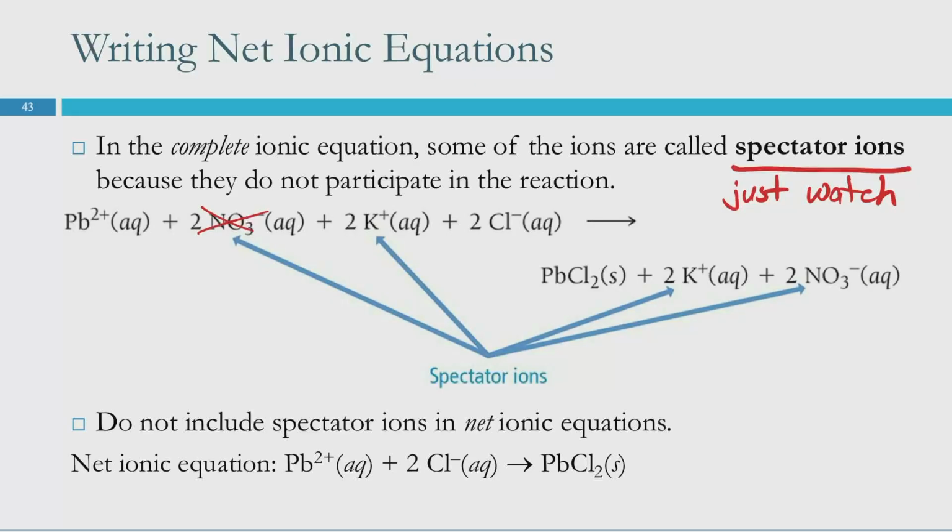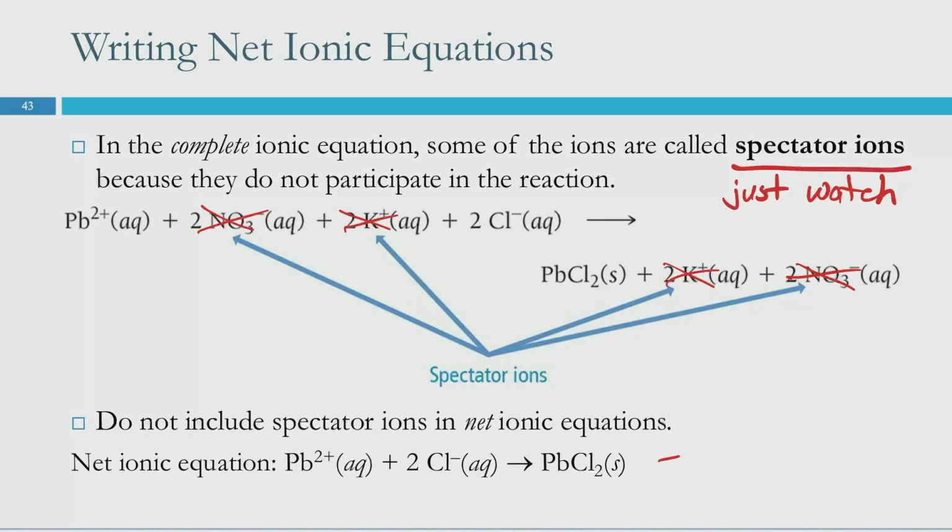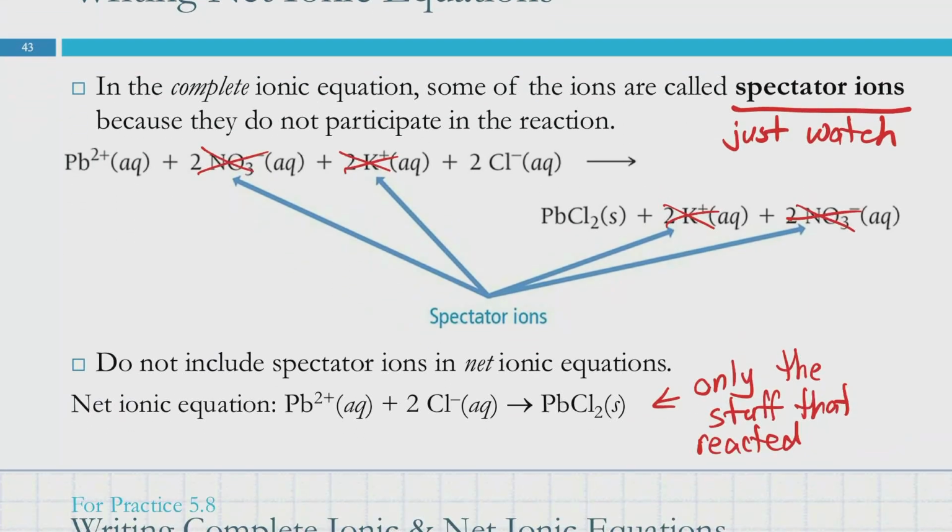So get rid of the K plus, the NO3 minus, and all that's left is the stuff that reacted. So we've only got the stuff that reacted. And that's our net ionic equation.